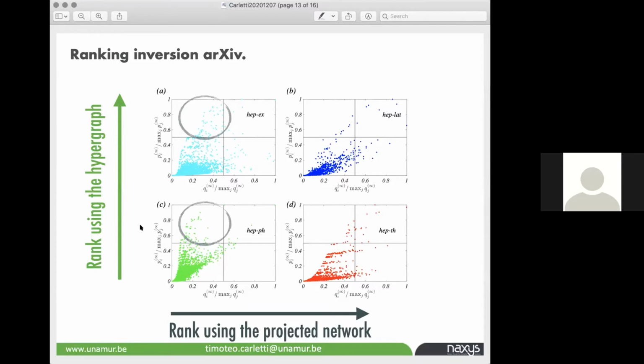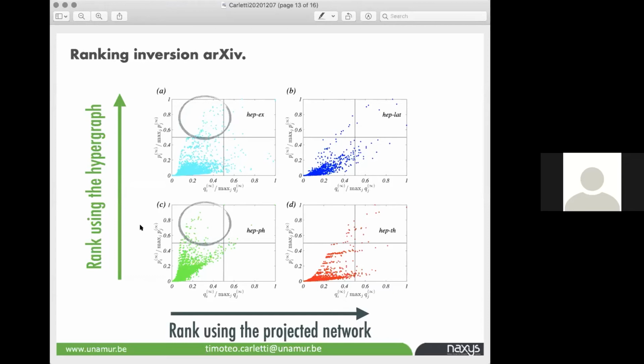So if you want, you can see that in the experimental, in the top left, there are a lot of points, these authors that are better ranked with respect to the vertical dimension. Those are authors that wrote few papers but with a large group. The same is true for the phenomenological, on the bottom left.